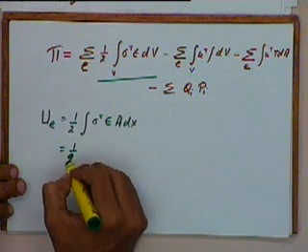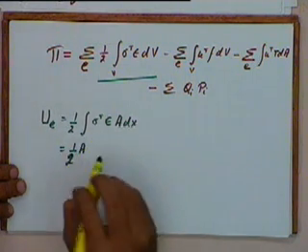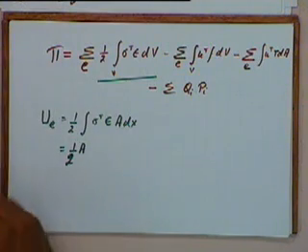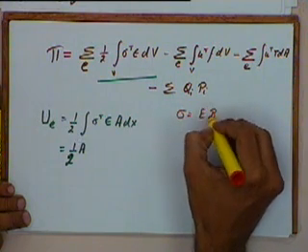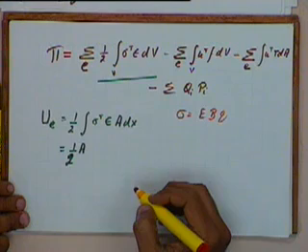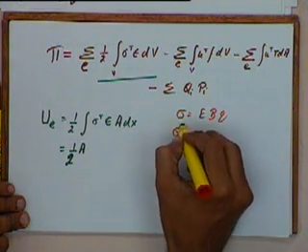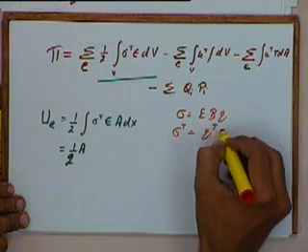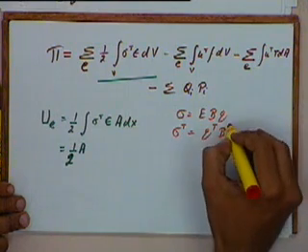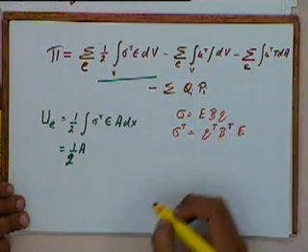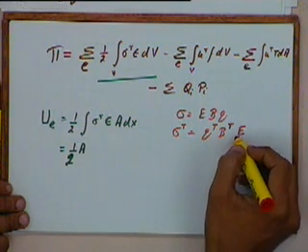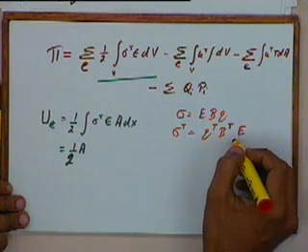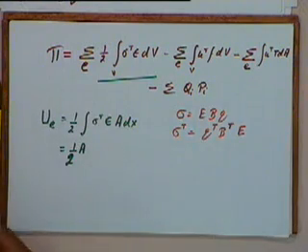So this will be equal to half of A, and sigma is equal to E times B times Q. So sigma transpose will be equal to Q transpose B transpose multiplied by E. E is of course a constant, it is not a matrix, so E can come out.